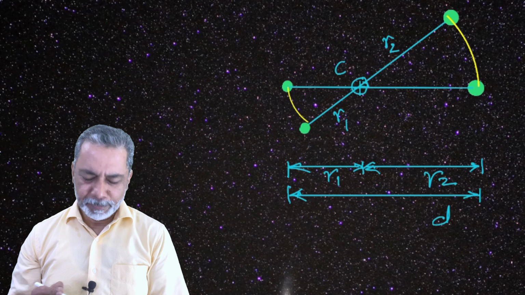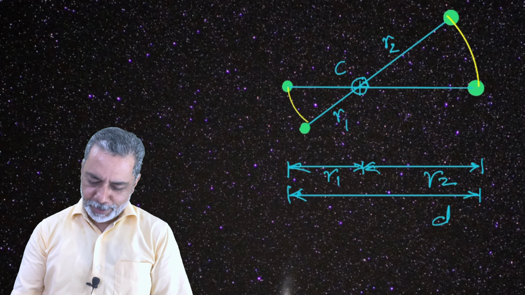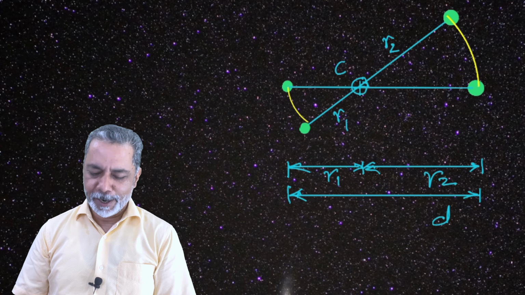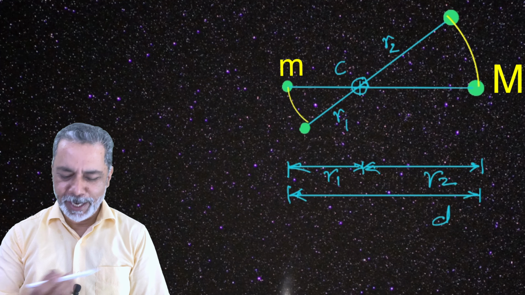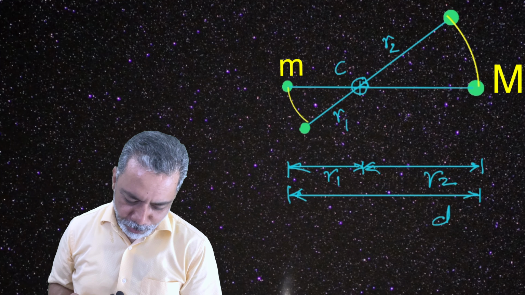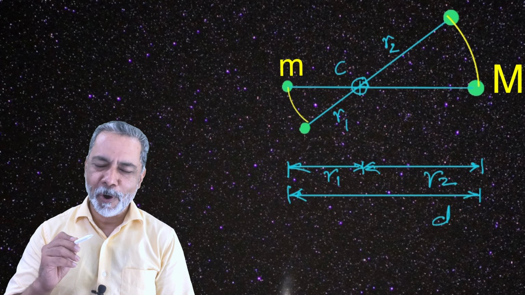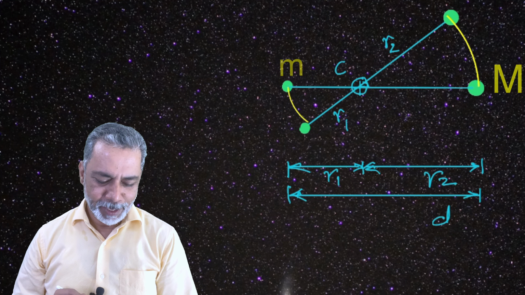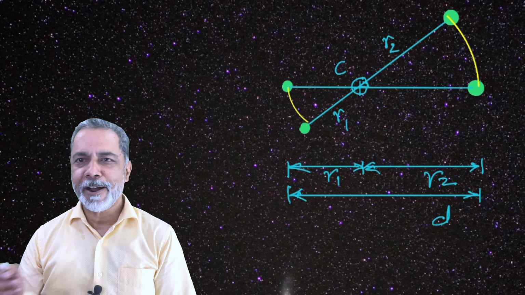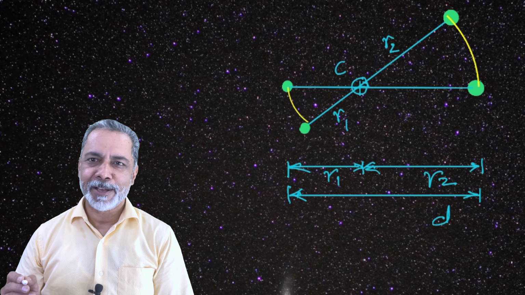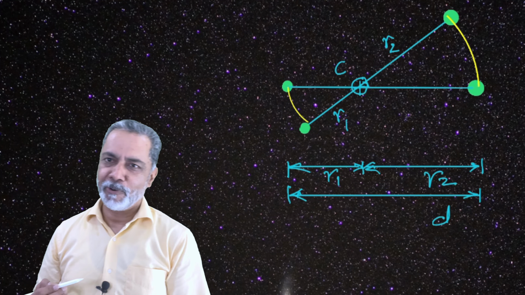In the diagram that you see on the board behind me, you see two stars having masses small m and capital M. The two green dots that you see over here are two stars. The smaller dot is the smaller star with mass small m, lowercase m, and the bigger dot is the larger star with the mass capital M, or uppercase M as some would call it.